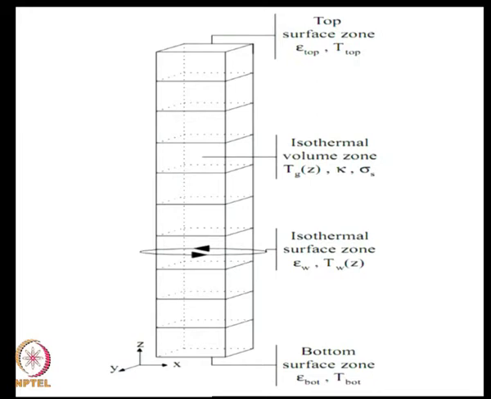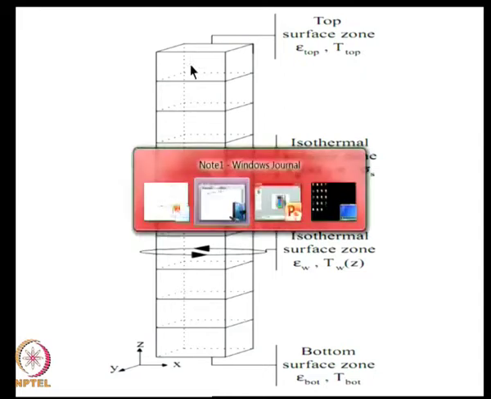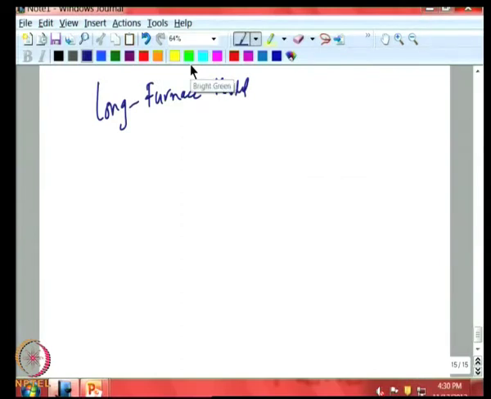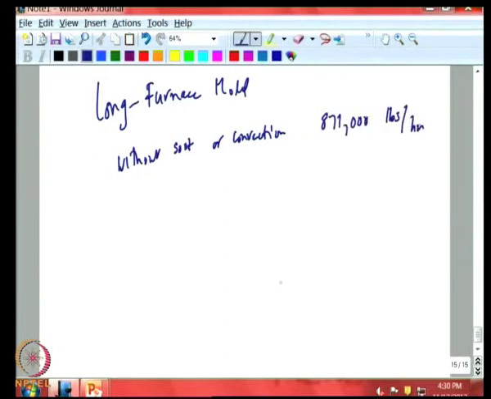So, this is a one dimensional model, which will definitely be more accurate than the 0 dimensional model, because it accounts for the variation of temperature along the path. And if we use a model without soot or convection, simplest case, you get 871,000 pounds per hour. On the other hand, if you include soot but no convection, then the number goes even higher.